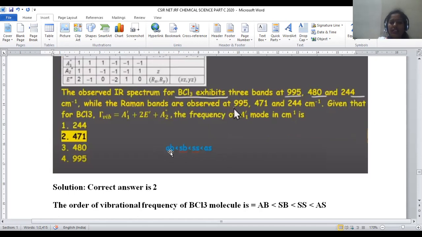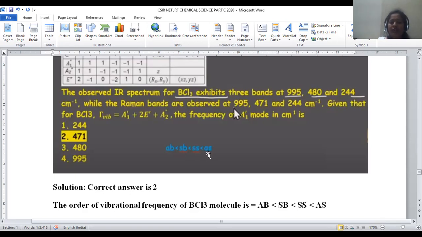So here certain protocols are provided to us. Whenever any molecule is subjected to IR, asymmetric bending will be the least energetic, symmetric bending is the next one, symmetric stretching is the next level of energy, and the highest energy is required for asymmetric stretching, right?